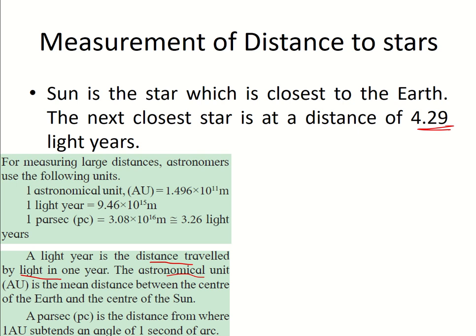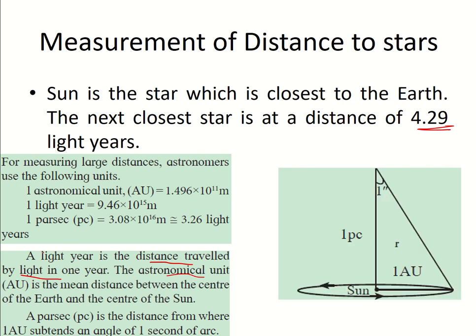One parsec is the distance at which one AU subtends an angle of 1 second of arc. Let me show you all this with an example. So for 1 parsec, this is the sun, and earth is going around the sun.